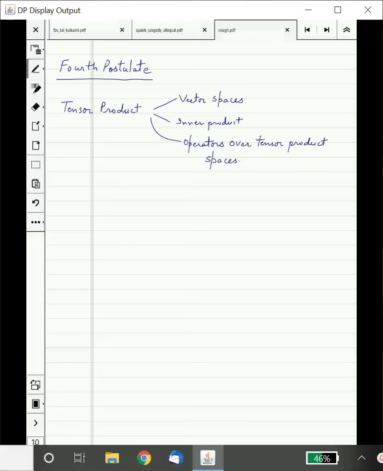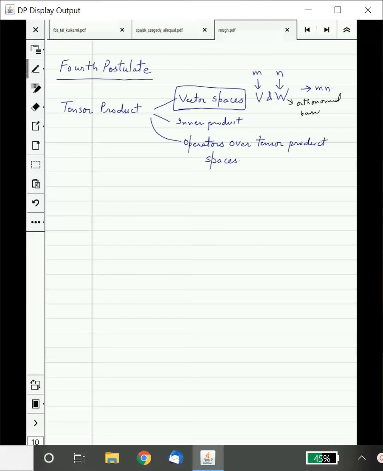In the last lecture, we learnt about the mathematical concept of tensor product. We saw how to define tensor product of two vector spaces V and W. If the dimension of V was M and the dimension of W was N, the tensor product space had dimension MN, and there was an easy way to define an orthonormal basis of this tensor product space.